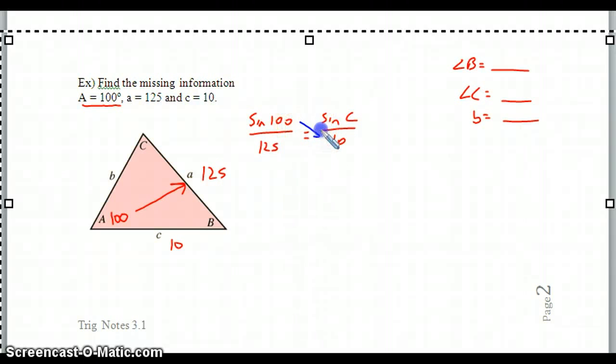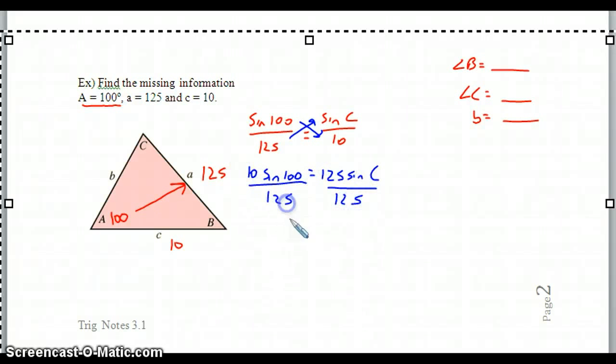Okay, so let's cross multiply to solve this. 10 sine of 100 equals 125 sine of C. I want to get the C by itself, so first I have to get rid of the 125. I'll do that by dividing. Typing this in my calculator, 10 sine of 100 divided by 125 gives me 0.07878, and it keeps going on.